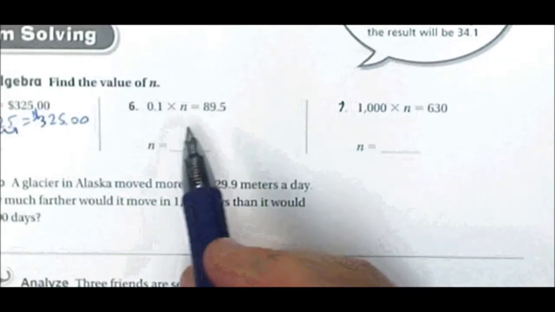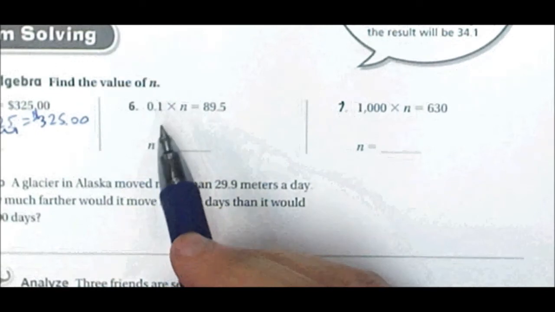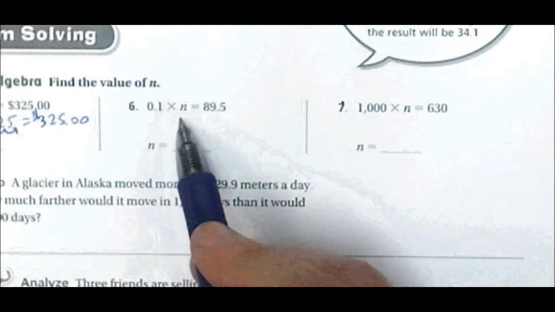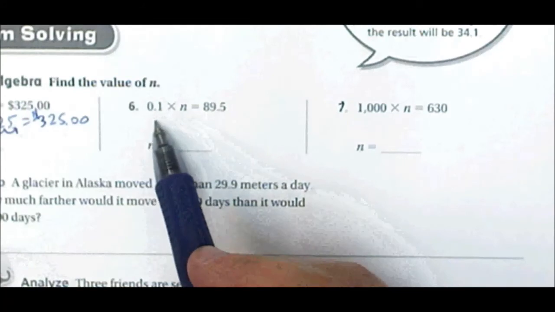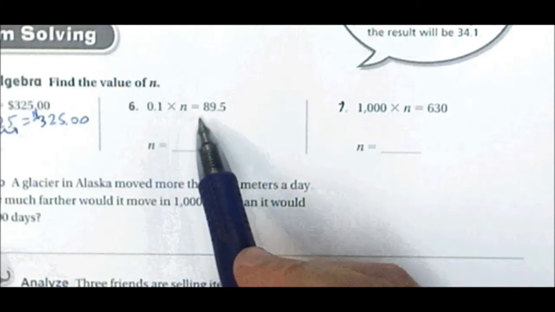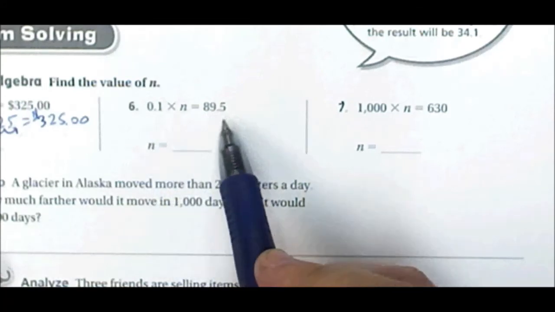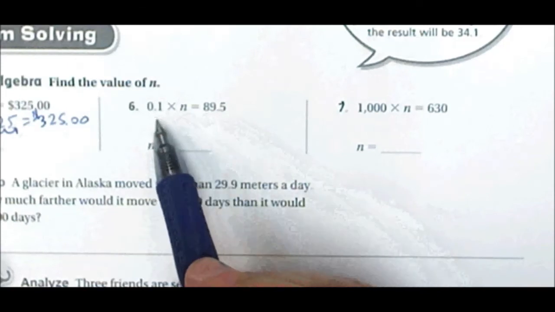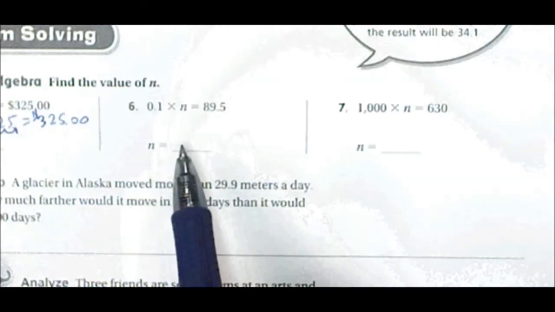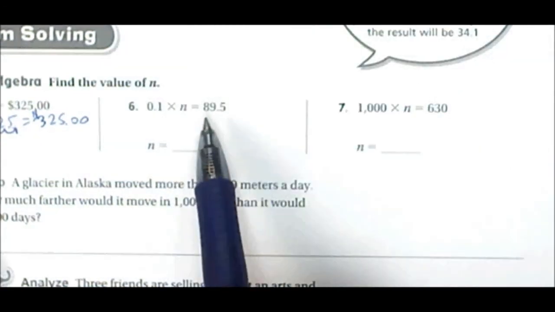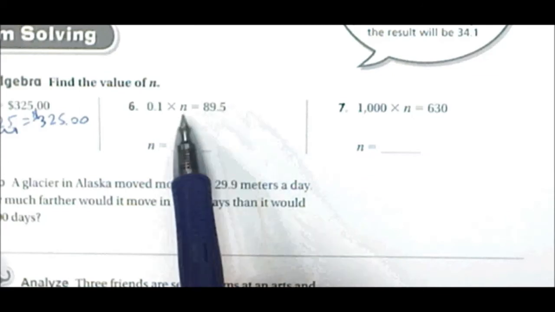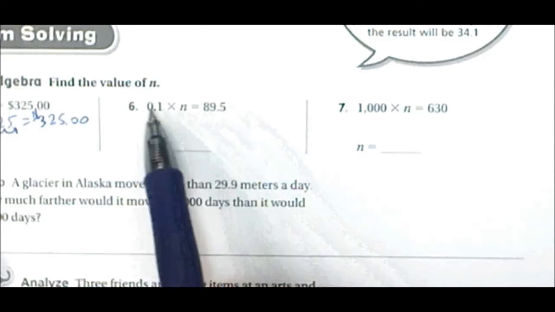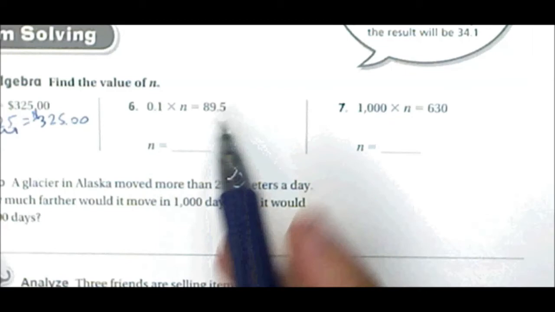Okay, so now we have a tenth here. 1/10 times n, or blank if that's easier for you, 0.1 times n equals 89.5. Now I know that if I multiply something by 0.1, it's going to get smaller. I'm going to move my decimal over to the left. So this must be bigger because I did something to it to make it smaller.